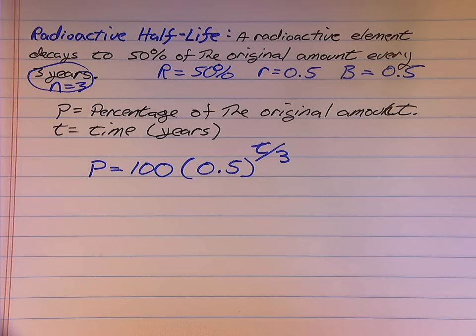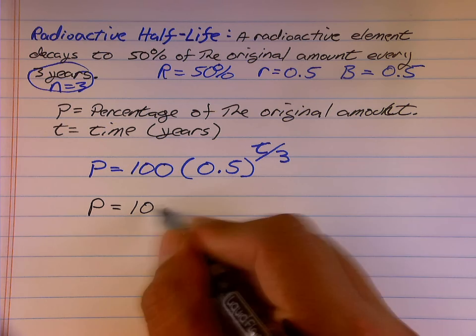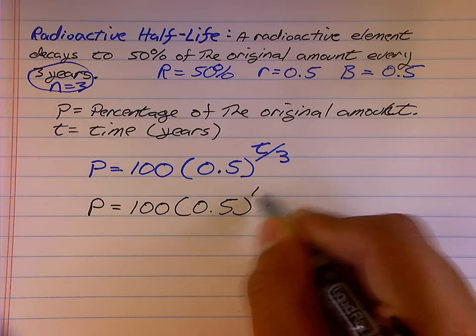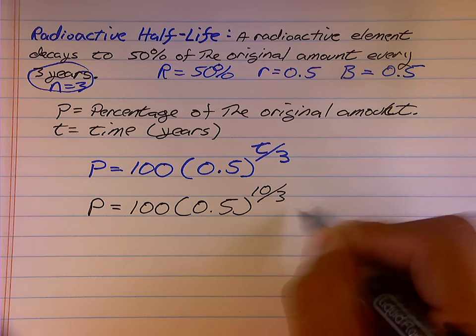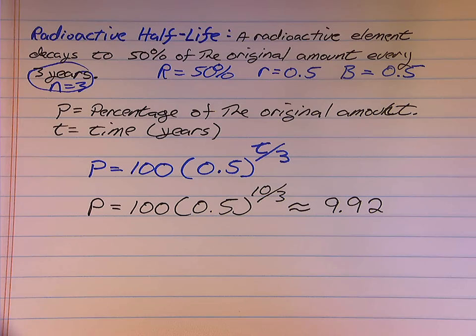So after 10 years, I can throw that in the calculator and find out the percentage we will have. After 10 years, we have 9.92% of the original amount remaining.